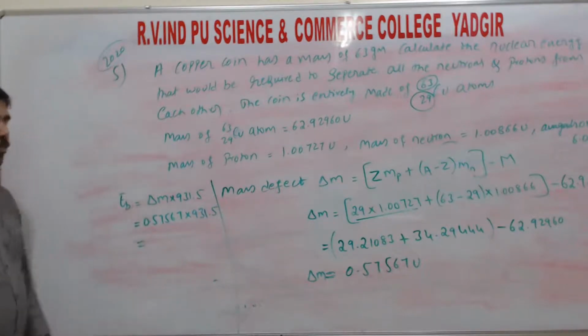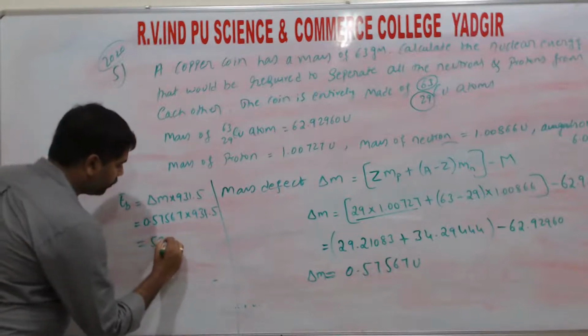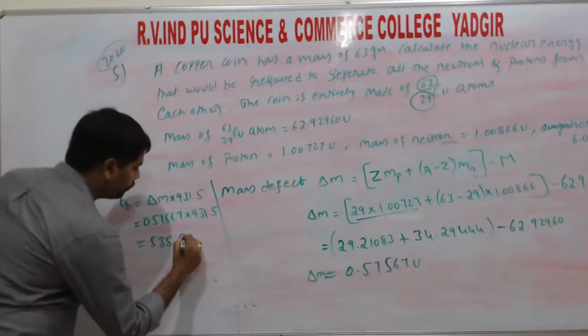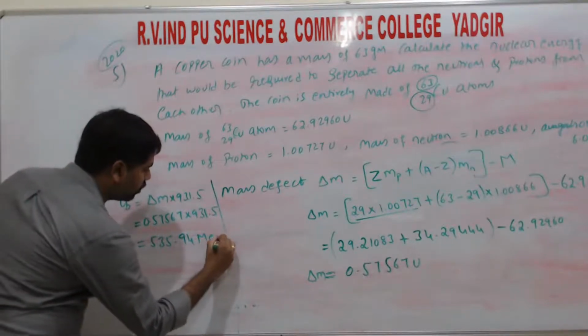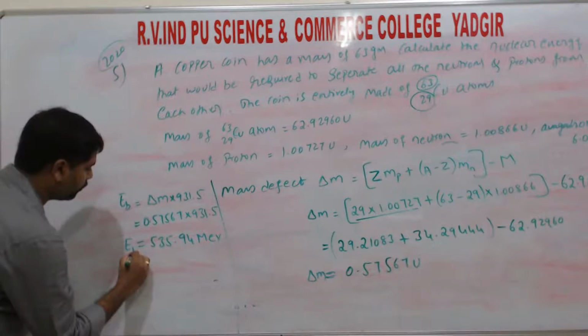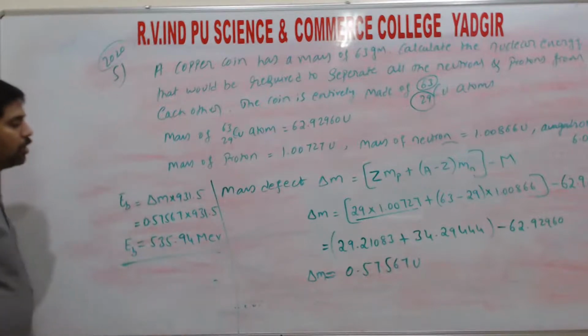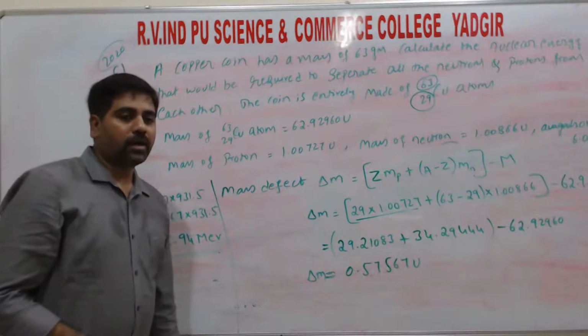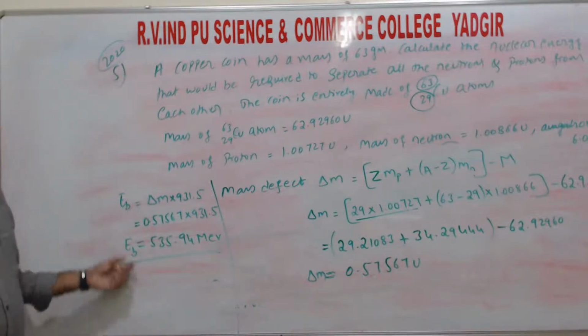So we get the binding energy 535.94 mega electron volt. So this much energy is required to break the copper nucleus into separate protons and neutrons, right?